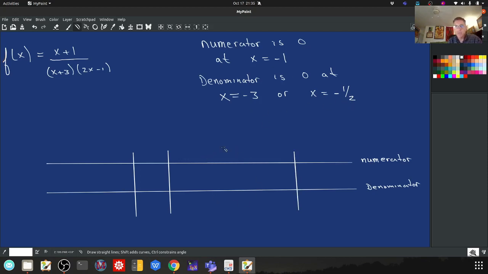Minus 1, minus 1/2, and minus 3. So this is going to be 0. This is going to be minus 1/2. Oh, it's actually 1/2. So let me just relabel these, because all we need is conceptual.